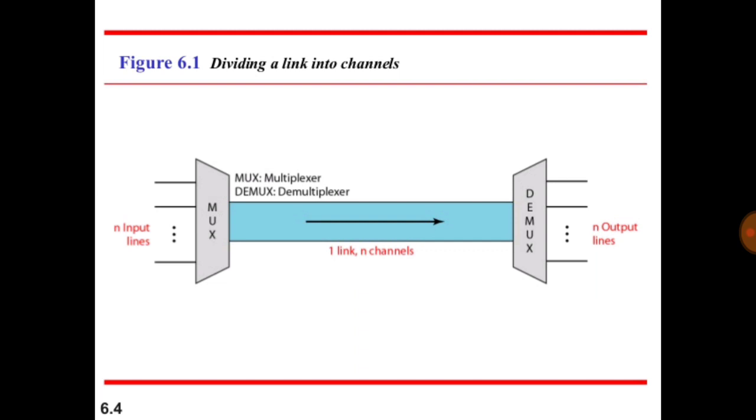The first input device means 00, that is my selective lines. If I select 00, then only the first device is able to transmit its messages through this single line.